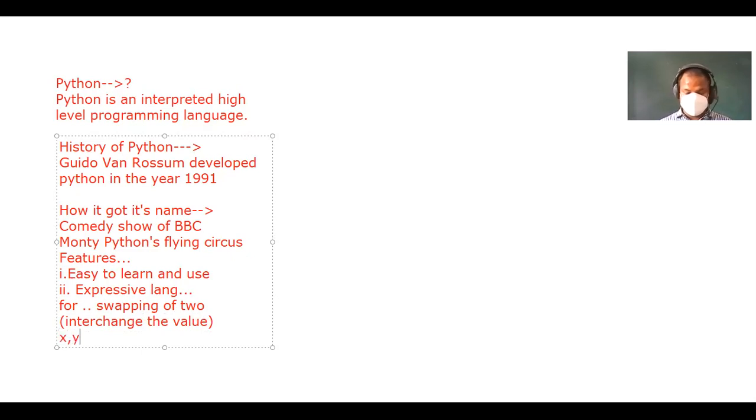Suppose two variables x, y have the values 2, 3. In the very next line, write x, y equals y, x. That is how we swap the numbers. If you print x, y, you will get 3, 2. This is a comment in Python, hash. It means swapping is done. That is an expressive language: in two simple lines, we can design a Python program.